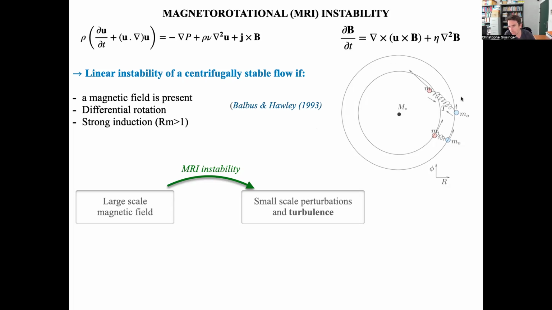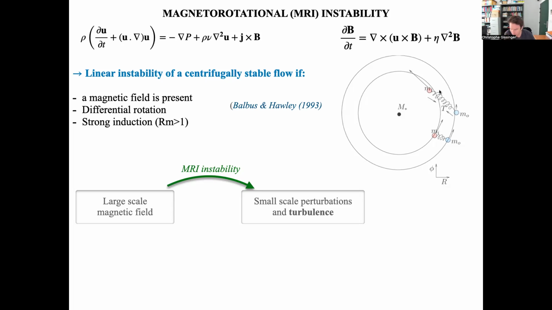Again, I won't give a full description of the mechanism. I put this sketch here just to give those of you who don't know the MRI an idea of what's going on. Roughly speaking, it's a top view of a disk, and when there is a magnetic field, there is some magnetic tension connecting the fluid elements together, acting a little bit like a spring force.